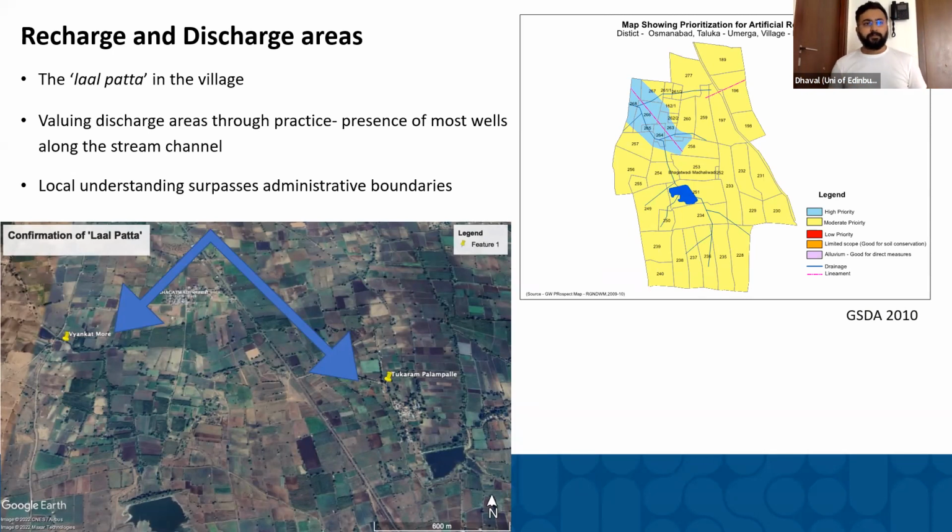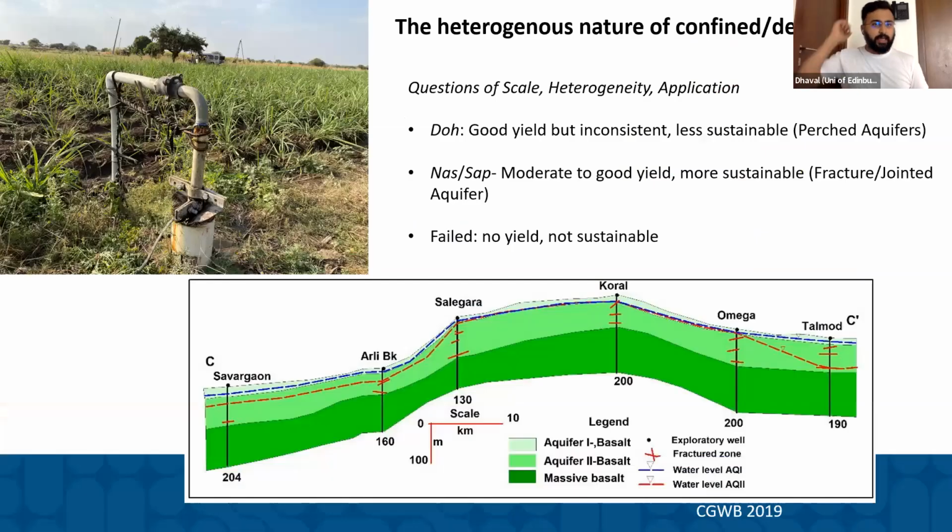Next. Lastly, there is a recent program by the government of India called the NAQUIM program, which is about mapping aquifers, and they are producing reports. This one I have brought is from the district of Usmanabad. As you can see, the deeper aquifer, aquifer 2 in this case, the light green color, is quite extensive and at the same time very homogeneous, at least in the reflection in the map that we are seeing here.